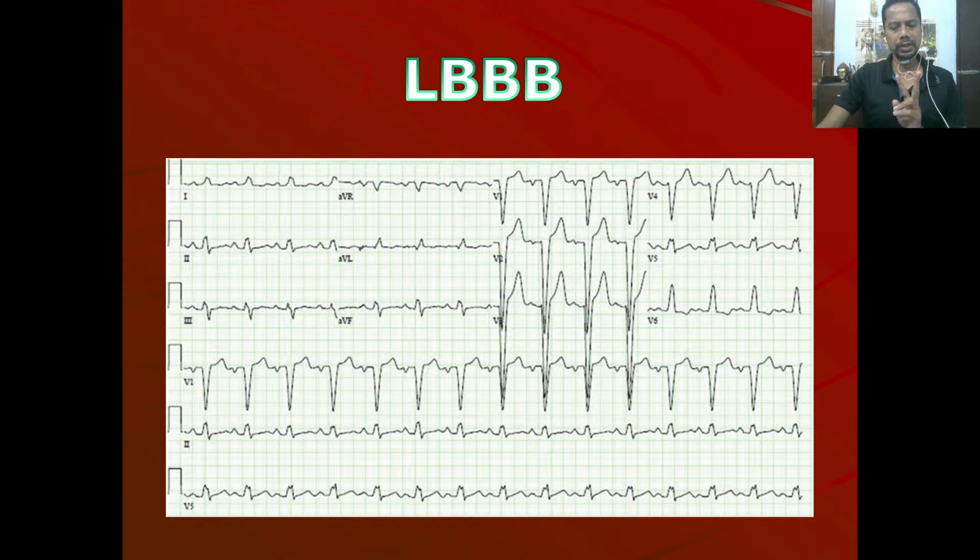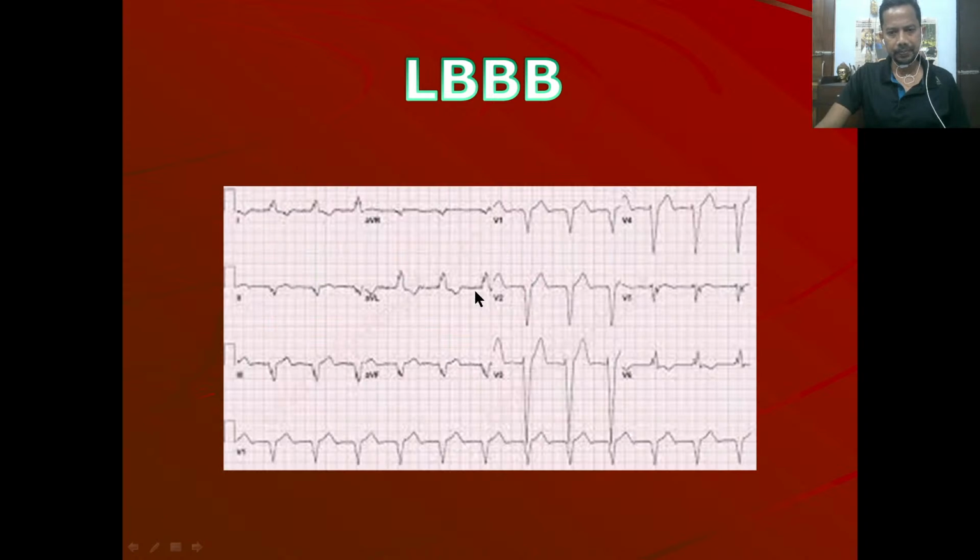So these two things you have to keep in mind. This loss of R wave progression can be because of LBBB per se, or it can be because of anterior wall disease, and the patient has now developed LBBB also. So LBBB is a very tricky situation, and whenever the patient has LBBB, it is difficult to diagnose MI also, and we'll come to Sgarbossa's criteria.